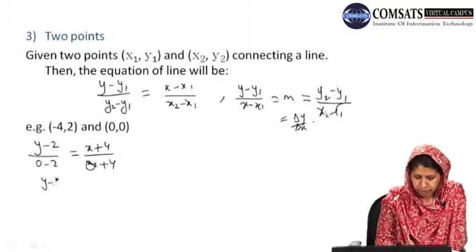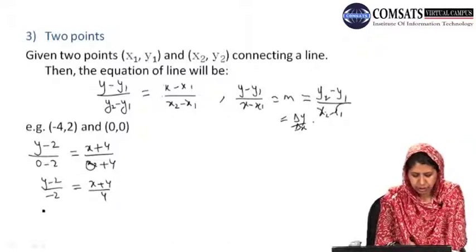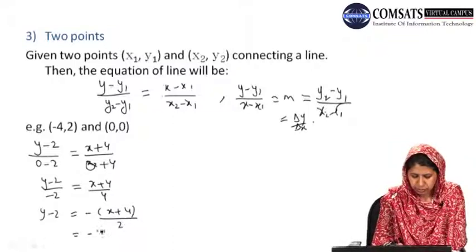What do we get? Y minus 2 over minus 2 is equals to x plus 4 over 4. After simplifying, y minus 2 is equals to minus x plus 4 by 2, which is minus x by 2 minus 2.